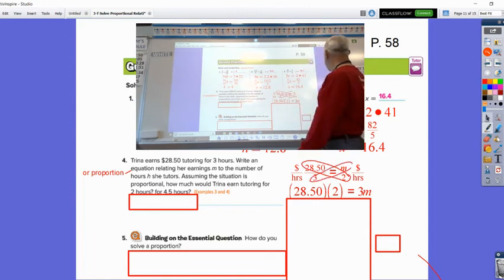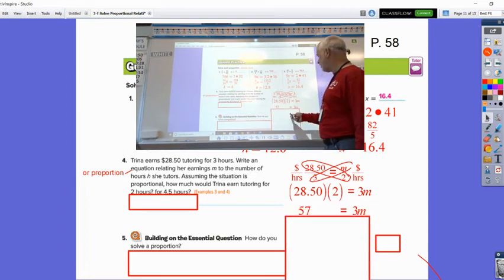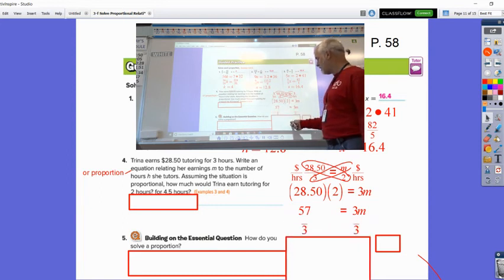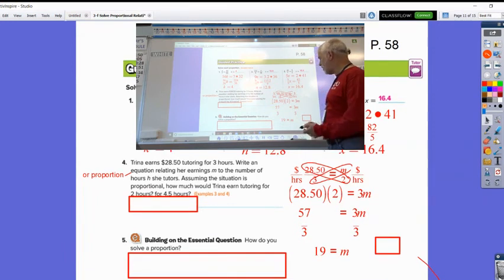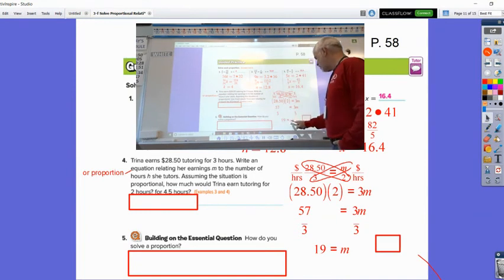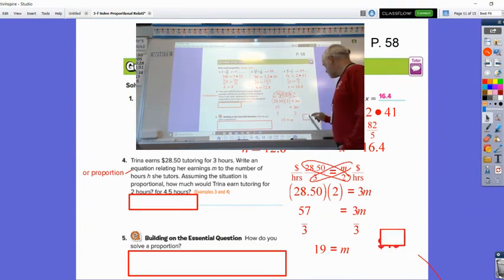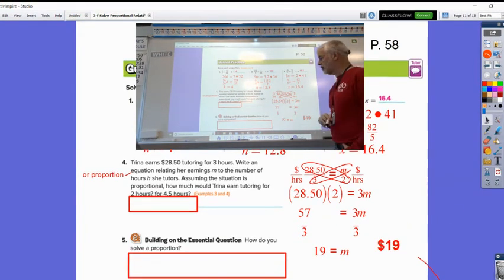That's $28.50 times 2, or $57, equals 3m. Divide by 3, and you get 19. So for 2 hours, $19. Make sure you put a dollar sign in your answer.